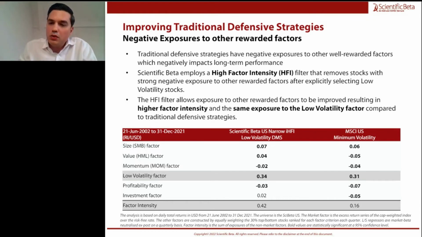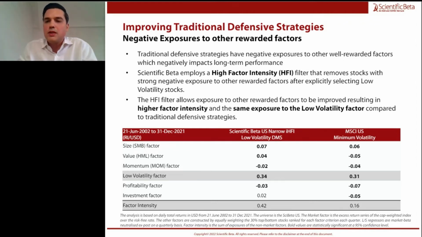What we do is we follow our classic factor investing methodology, which is applicable to all our factors, and we construct a low volatility factor seeking portfolio that is able to give you a high beta to the low volatility factor, while at the same time controlling, and most of the time giving you positive betas also to the other well-rewarded factors.